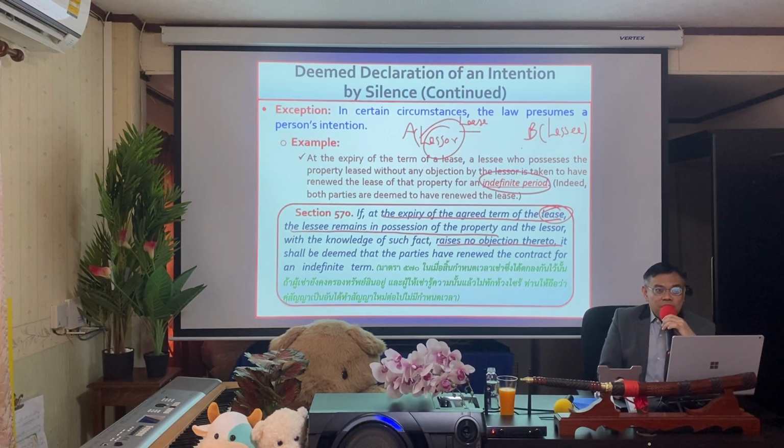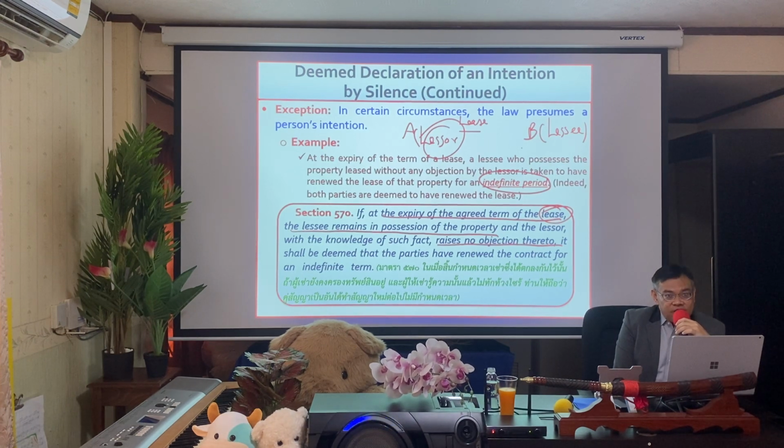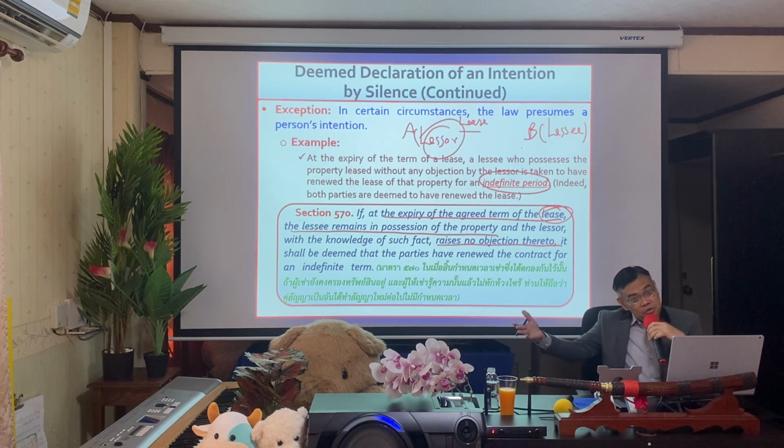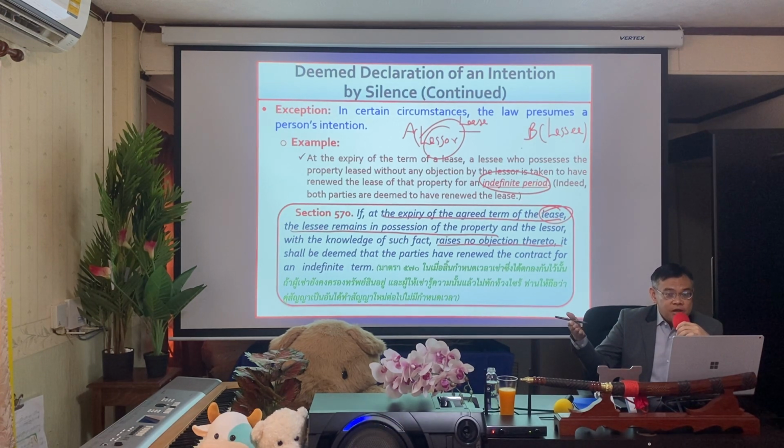So even though the parties to this agreement have said nothing at all that they wanted to renew this lease, they just keep silence. B just continues his possession of this house, and A, upon knowledge of B's continued possession of this house, raises no objection.